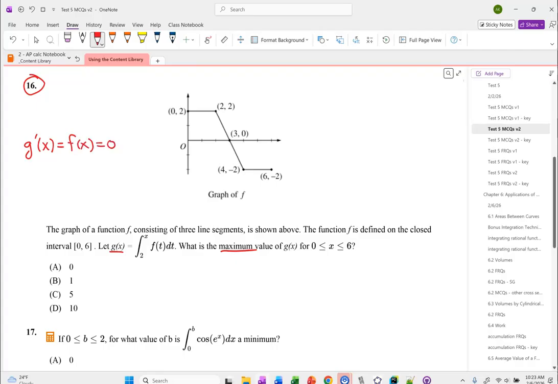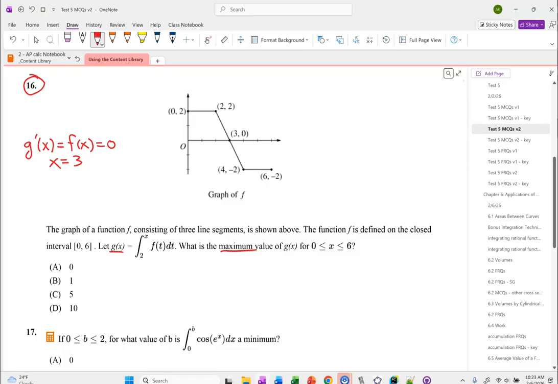We set that equal to 0. Now we know f of x is defined everywhere, right? So we don't have to worry about where it does not exist, because we can see the graph is defined for all values. Where does this equal 0? At 3.